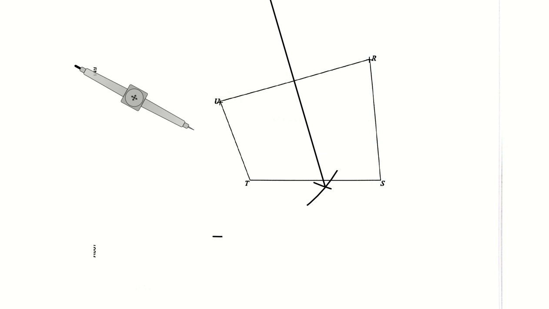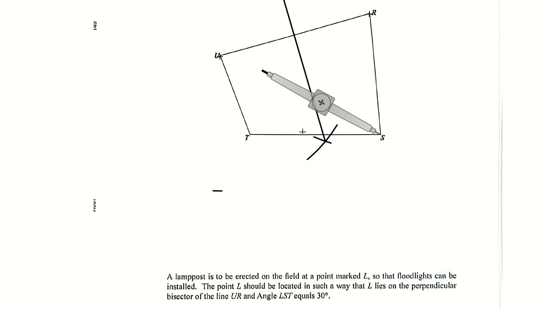So we're looking at point S to make a 30 degrees angle. Because it said LST, the angle at S is 30, right?